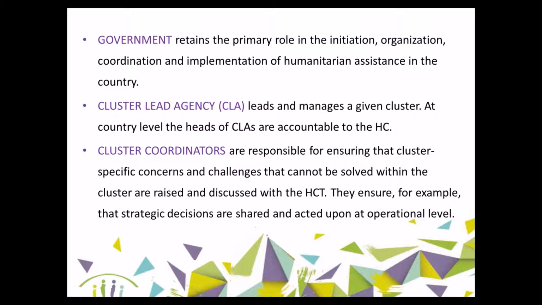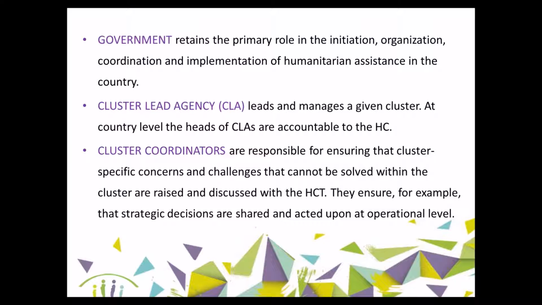Cluster coordinators are responsible for ensuring the cluster-specific concerns and challenges that cannot be solved within the cluster are raised and discussed with the HCT. They ensure, for example, that strategic decisions are shared and acted upon at the operational level.